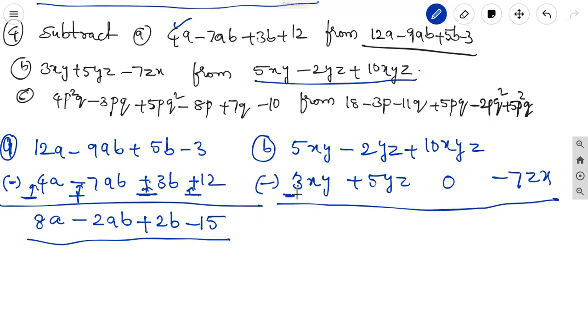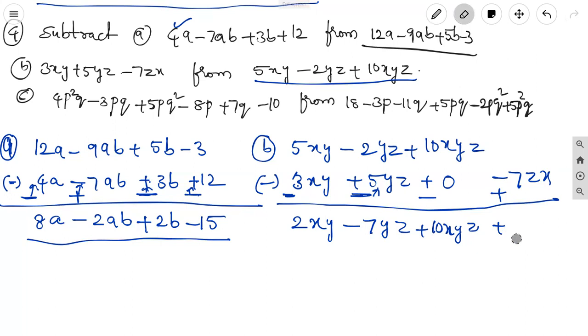Here plus is there, then it changes to minus. Plus is there, minus. It's a minus means this becomes a plus. Plus 5 minus 3 plus 2xy, minus 2 minus 5, it's minus 7yz, plus 10xyz, plus 10 minus 0, plus 10 only, plus 7zx.